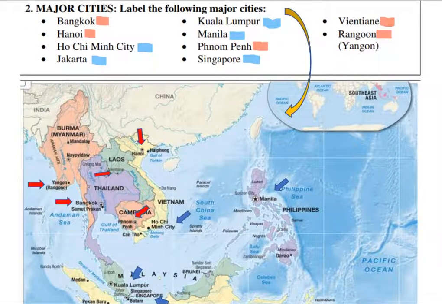The cities are divided into two groups. The capitals, okay, and the capitals are noted for you, as you can see here, Bangkok and Hanoi, Phnom Penh, Vientiane, Rangoon. Those capitals are noted.